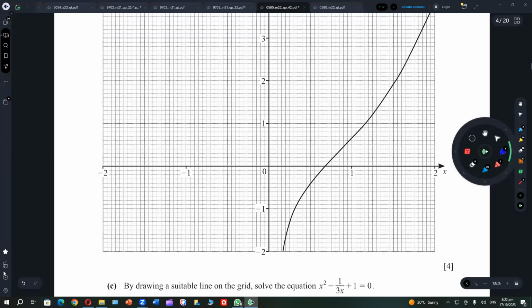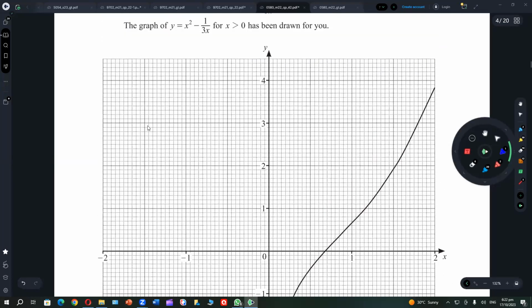It's coming like a curve, but the end side is towards the right.